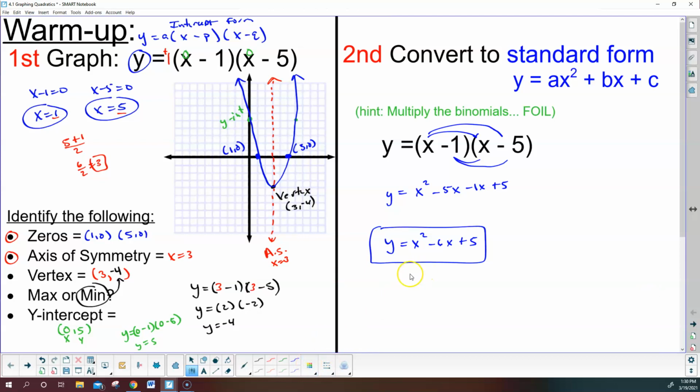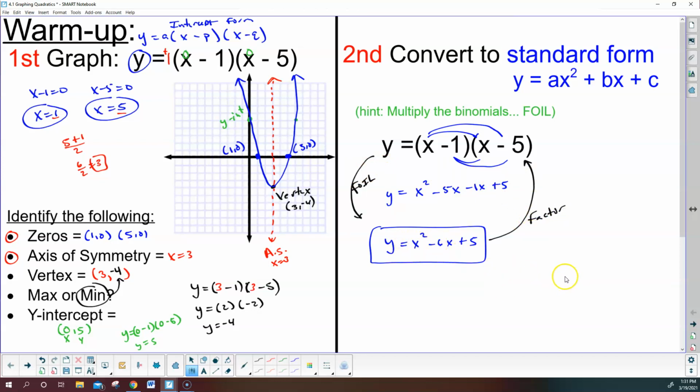Well, one little thing here just to show you is what did we do to go from intercept form to standard form? I FOILed, or I expanded this out. Well, what if I was in standard form and I wanted to go the other way? How would I undo a FOIL or a multiplication? You would factor, just the way you did before.